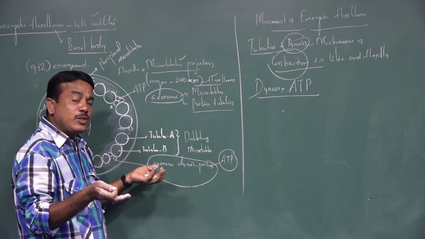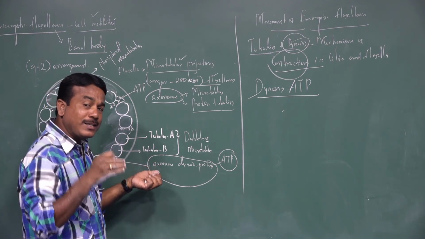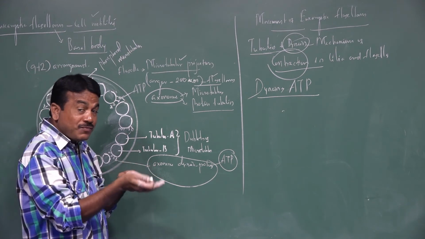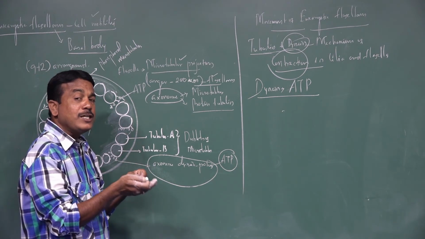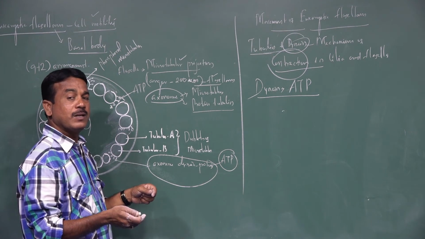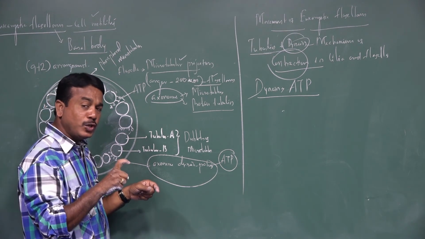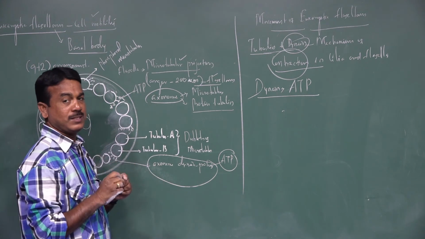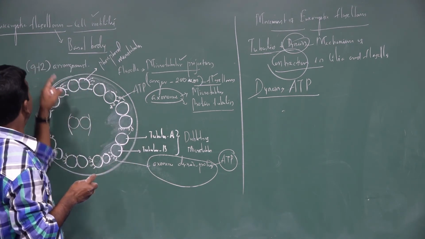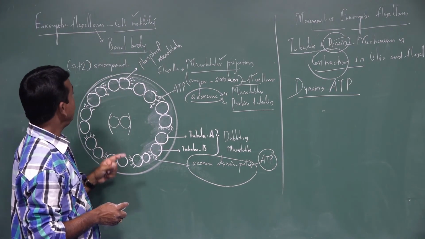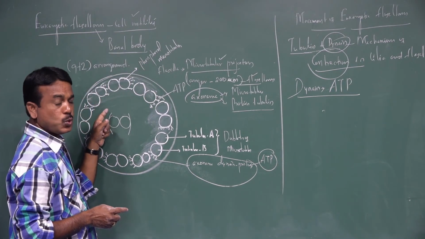Due to this shifting, the flagellum moves. That is why the flagellum or cilium bends in movement. The eukaryotic flagellum motility is commonly called the 9+2 arrangement.